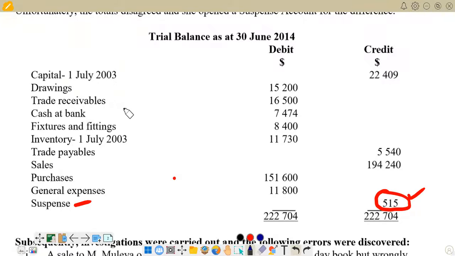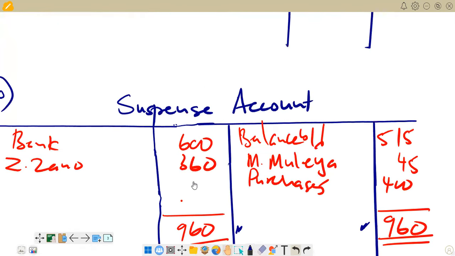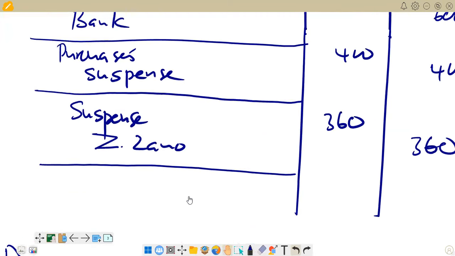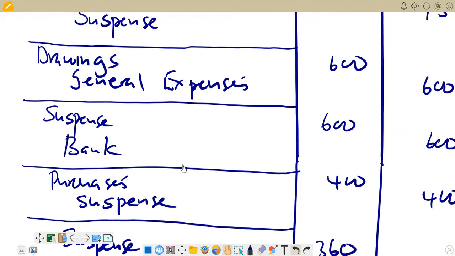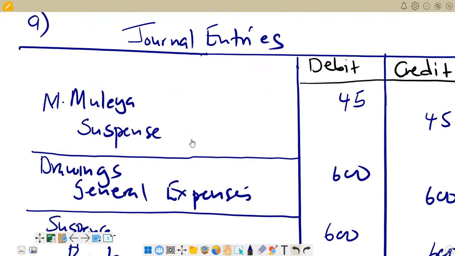Then we check the next entry after drawings, which is trade receivables. These are debtors. They have a normal debit balance. They are assets. So we check if we've got any data that has been affected there. Going up to check, we see that the debtor is affected, and we have debited, and a debtor is a normal debit balance.